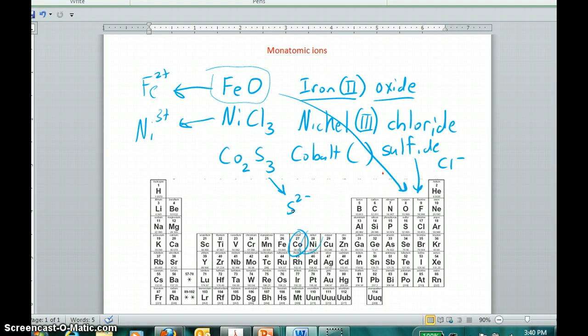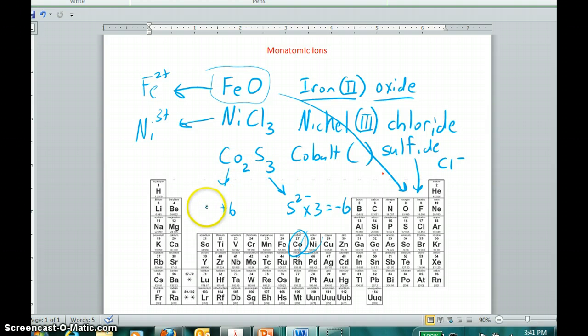Sulfur -2, sulfide anions. And the reason we need 3 of them is so that we'd have a -6 charge total in the compound. Now, if we have -6 total, for this to be neutral, this must be +6 total. +6 minus 6 would be neutral.